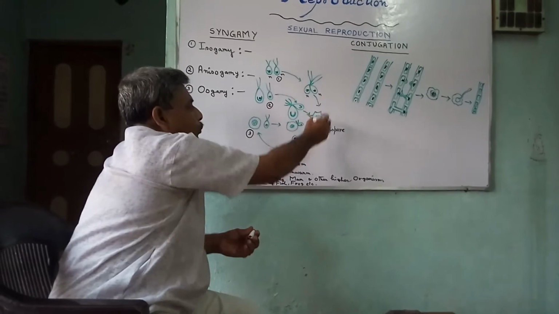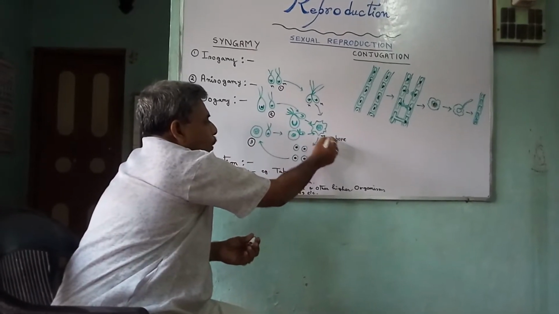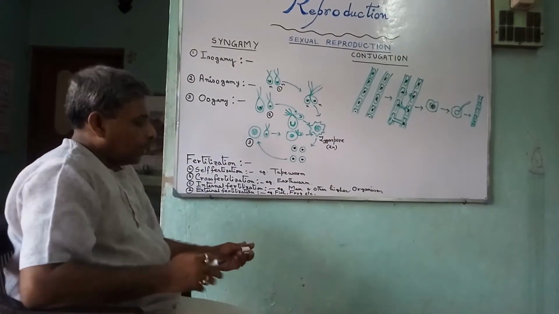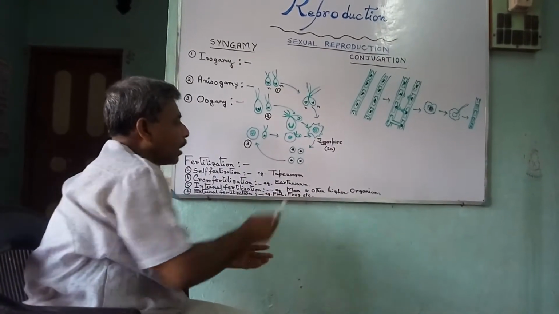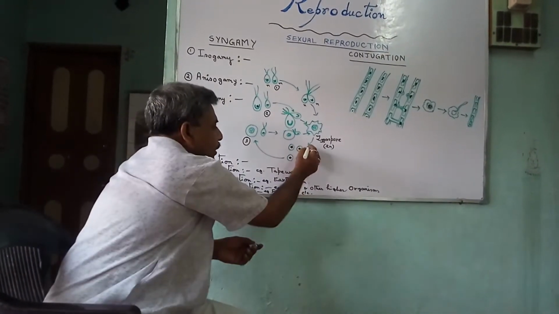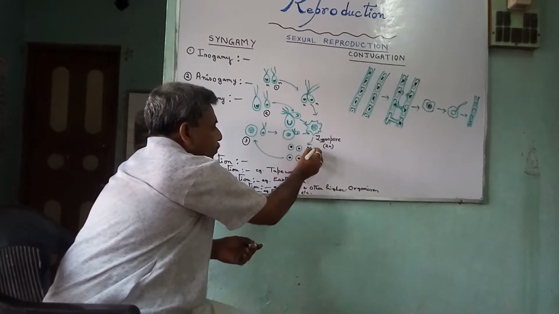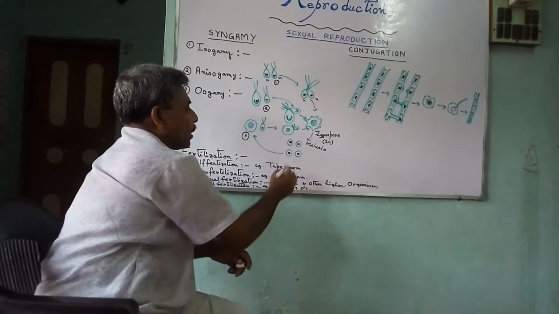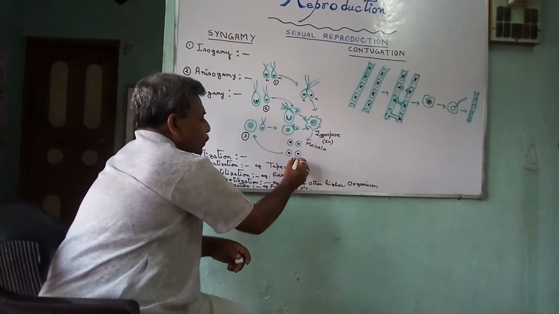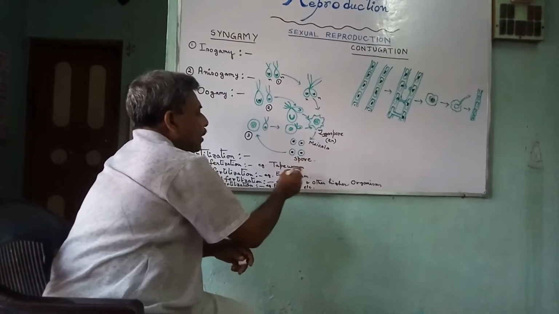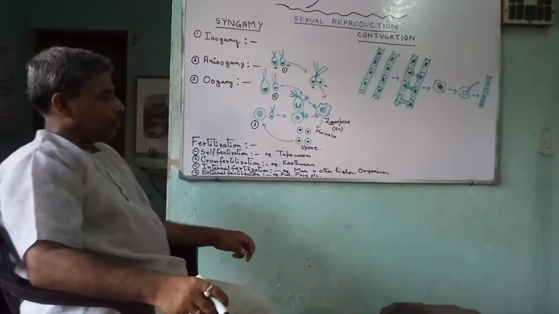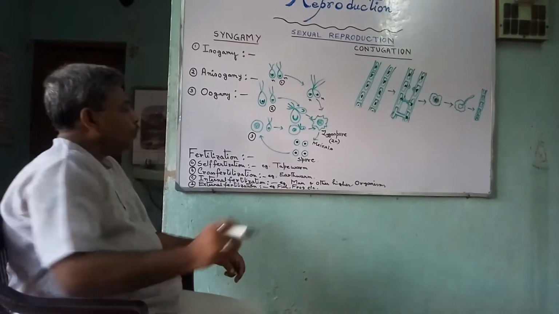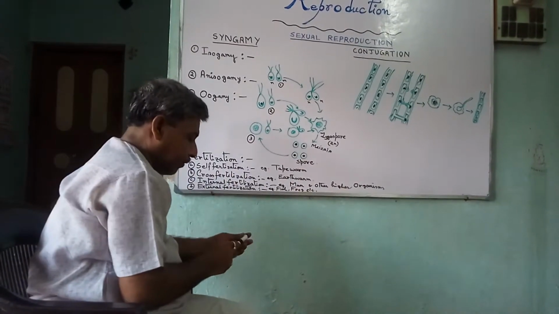They get fused together to form a diploid cell known as the zygospore. It undergoes meiosis, by which it forms four cells. These act as spores, and out of four, one gets transformed into the individual.